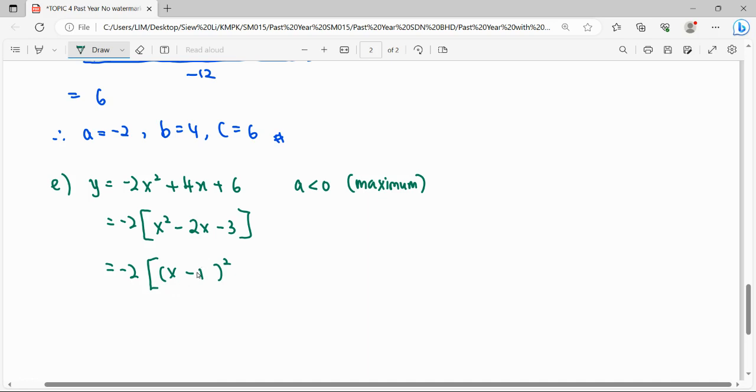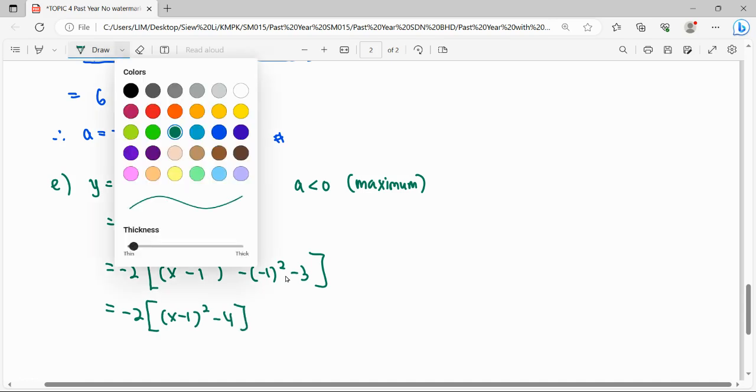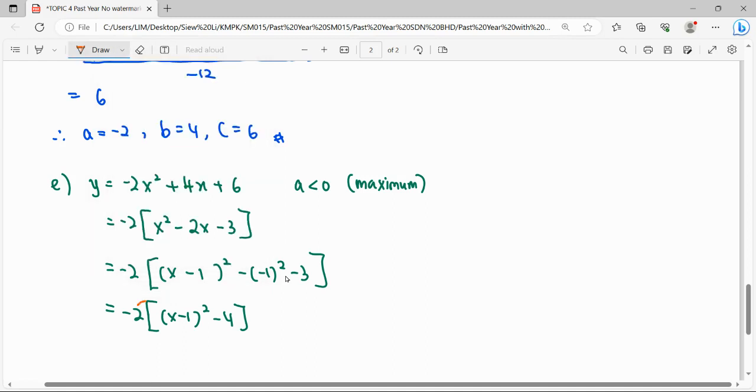Whatever value you write here, we subtract back its square. Then lastly, negative 3, copy only. So simplify this value: minus 1 and minus 3, total minus 4. Then we expand back the negative 2 that we factorized.